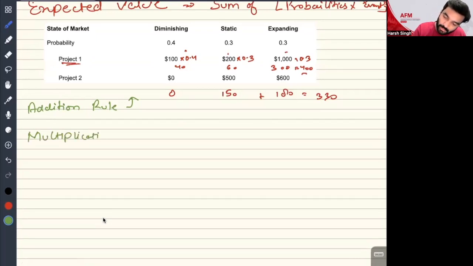Multiplication rule. Now, as per the multiplication rule, the probability of two independent events occurring is equal to the product of their probabilities. That is your probability rule.